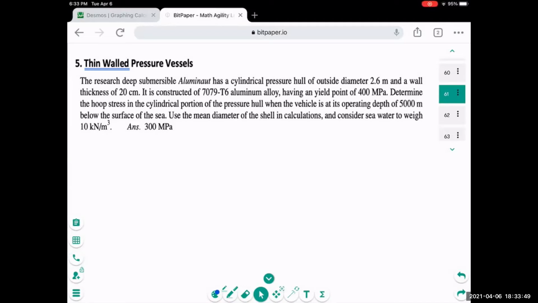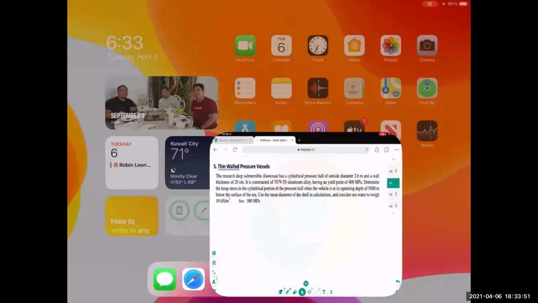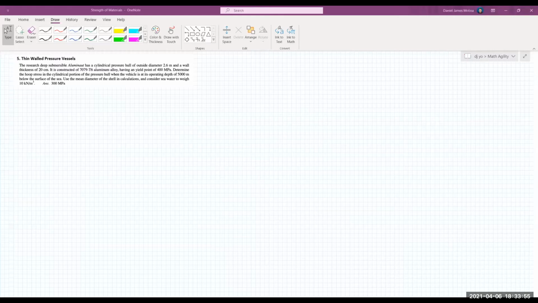So let me go back to DJ again. Okay. So in this problem, we will be dealing with thin-walled pressure vessels. So we have a cylindrical hull here. Okay. Let's draw a cylinder here. Okay.